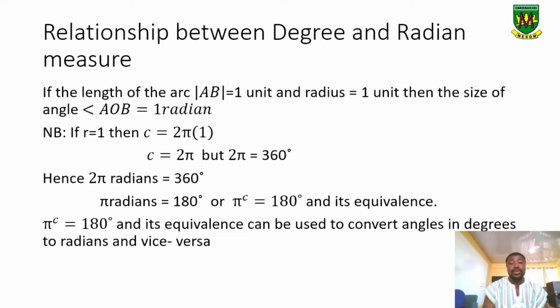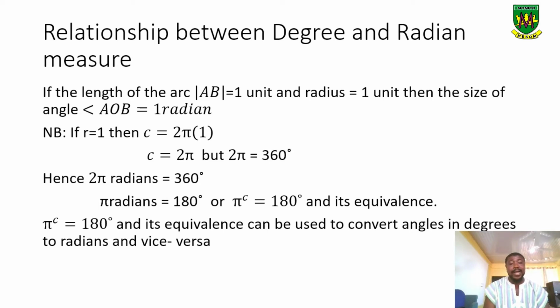Therefore, pi radians is equal to 180 degrees, or pi exponent c is equal to 180 degrees, and its equivalence. When I say its equivalence, it means that we can have more equations that are the same. For example, if I want 1 degree, then I can represent it by pi radians over 180 degrees, and so on and so forth.